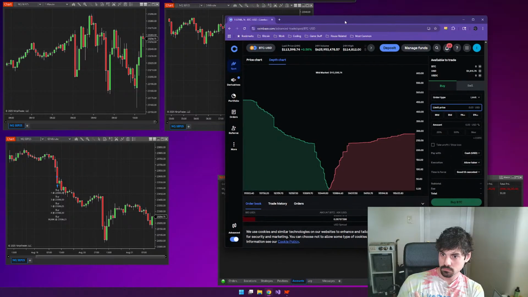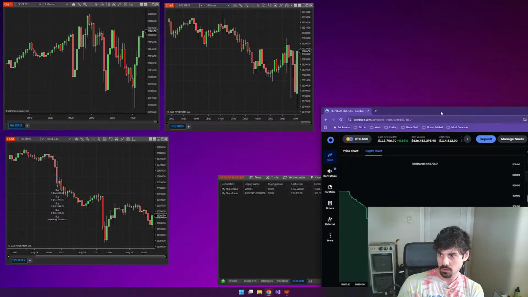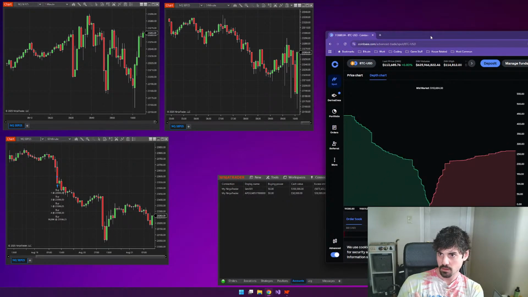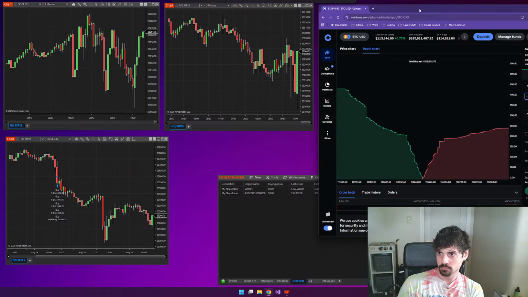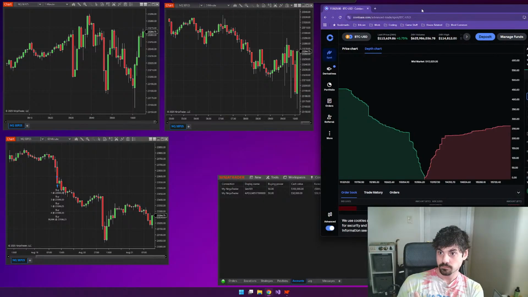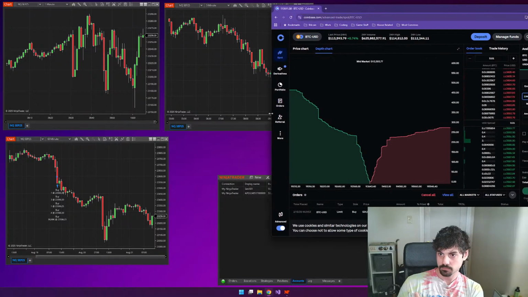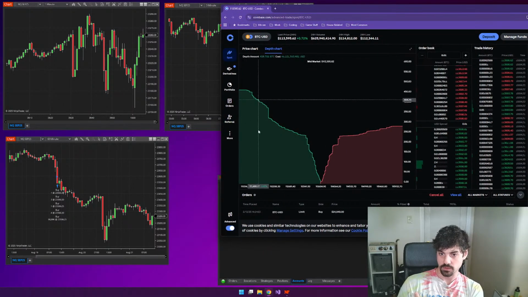So here's an example of a depth chart from Coinbase, right? You can see the order book and trade history next to it.